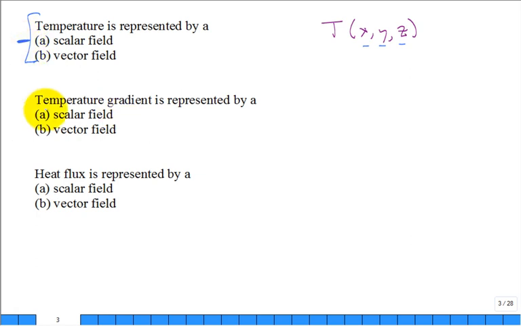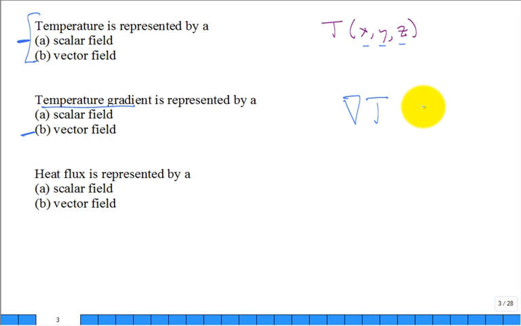But then you take the gradient of the temperature, what we just talked about. That now gives you back a vector field. At every location in the domain of interest, I get a little vector. That vector has both direction and magnitude. And it's telling me in that direction what is the rate of change of temperature if I move in that direction.